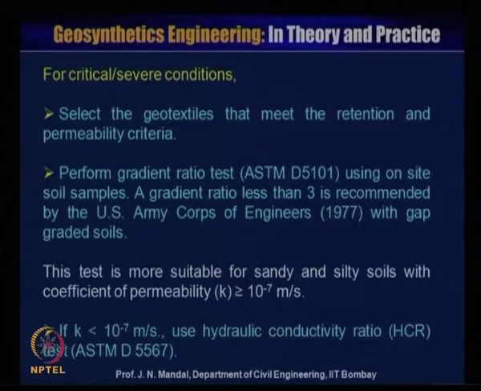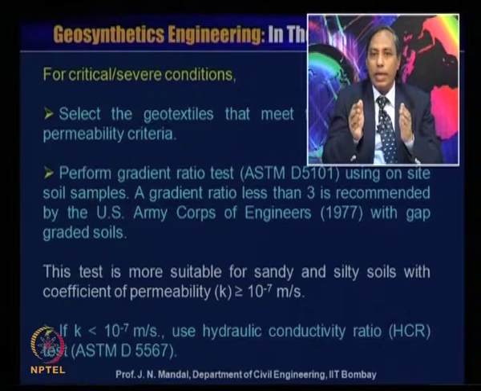For critical or severe condition, select the geotextile that meets the retention and the permeability criteria. Perform the gradient ratio test as per ASTM D5101 using one side soil sample. A gradient ratio less than 3 is recommended by the US Army Corps of Engineers, 1977, with graded soil.